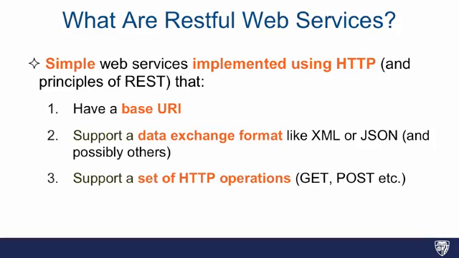Maybe you'll get it back as HTML, maybe you'll get it back as JSON, maybe you'll get it back as XML, and there are basically different formats representing the same thing. Now, some formats are easier to parse than others. For example, HTML is not so friendly to parse, but XML and JSON are.